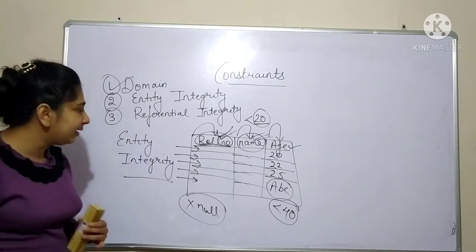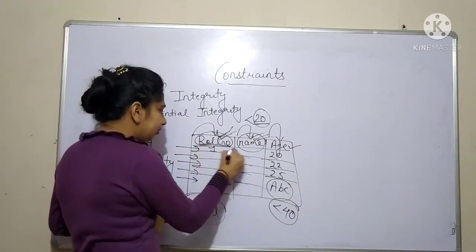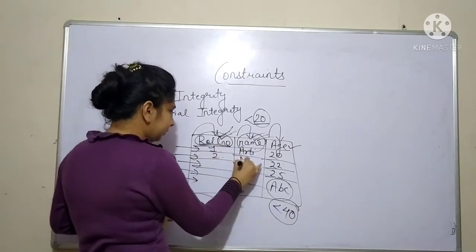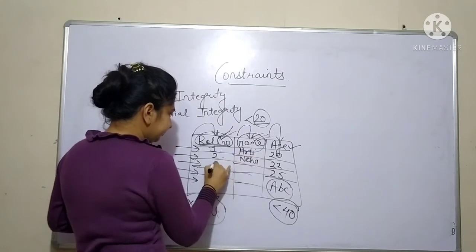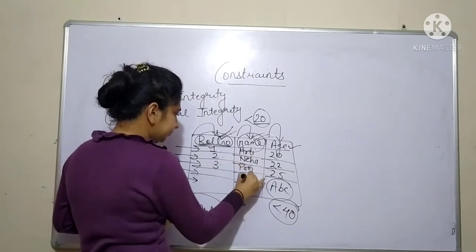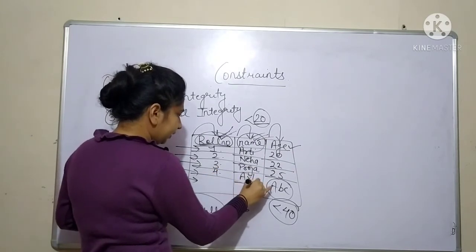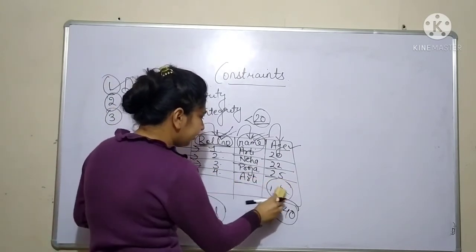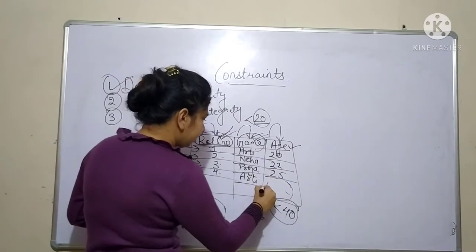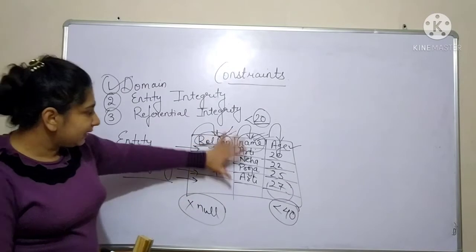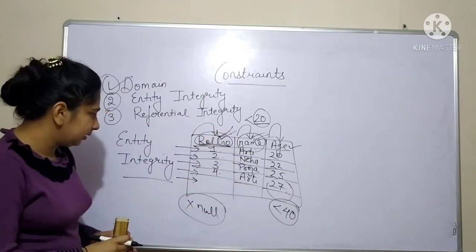Let me show you what I mean. Let's suppose roll number is 1. Let's suppose we have age here 27. So this is our table.